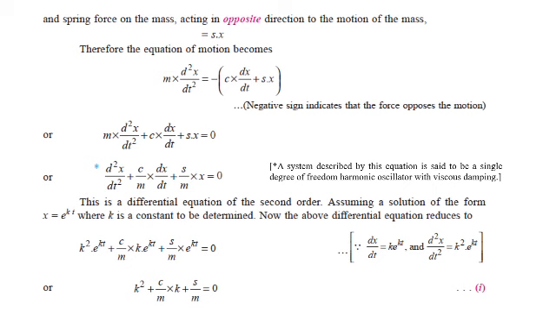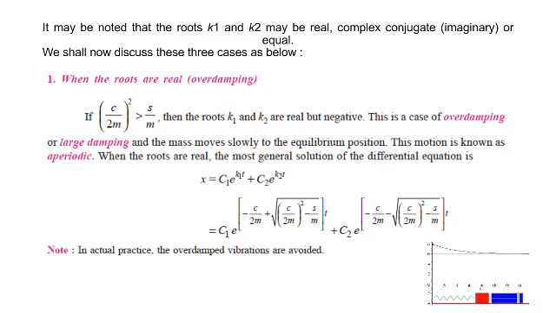Now the most general solution of this differential equation, with its right hand side equal to 0, has only the complementary function, and it is given as x is equal to c1 into e raised to k1t plus c2 into e raised to k2t, where c1 and c2 are two arbitrary constants to be determined from the initial conditions of the motion of the mass.